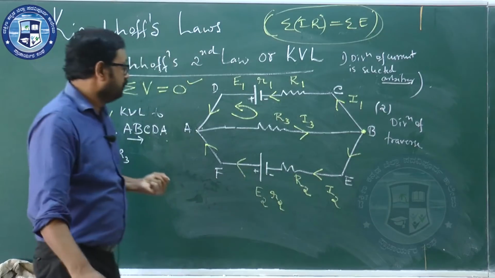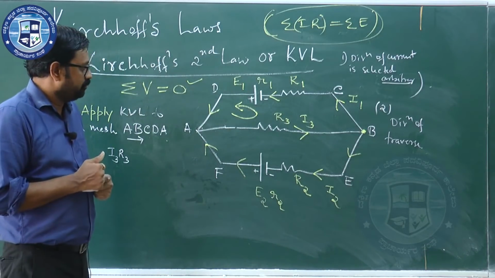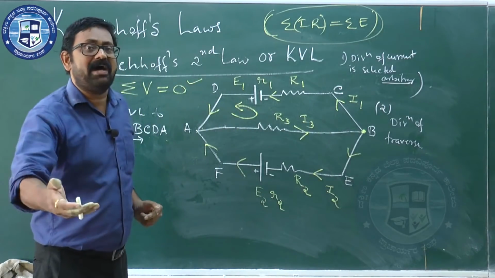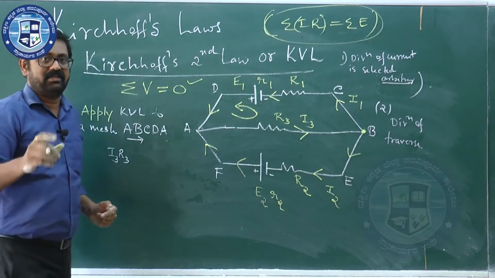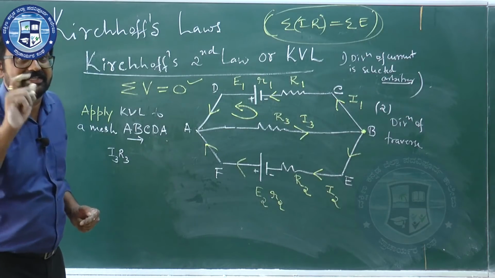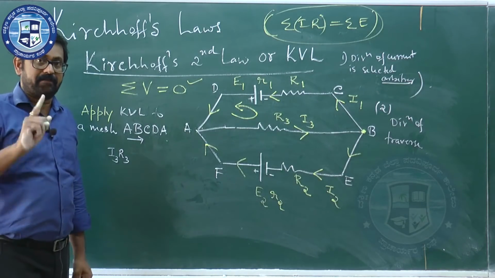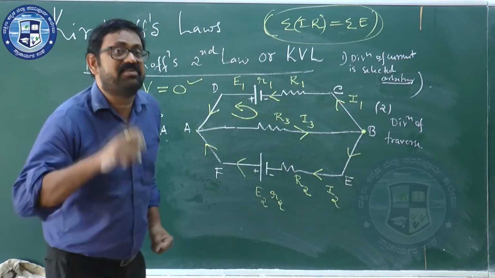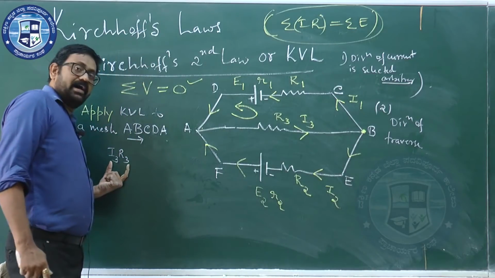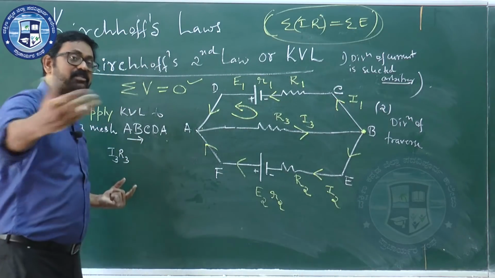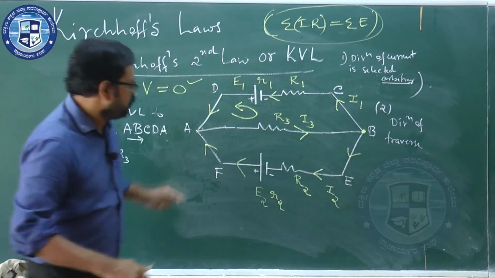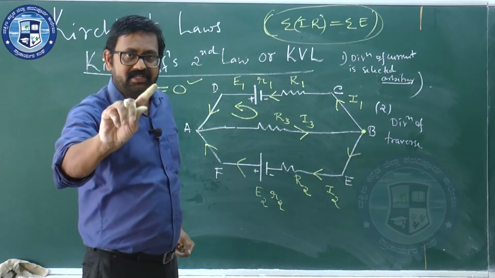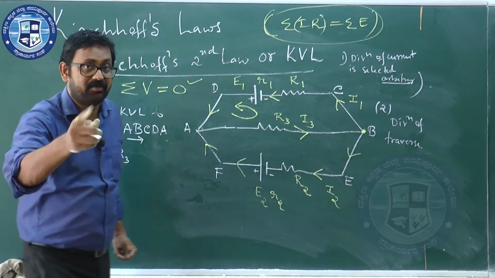The sign convention is, if the direction of the current in the branch is the same as the direction of a traverse, then the product of I and R should be taken as negative. Otherwise positive. What do you mean by otherwise positive? If the direction of the current in the branch is opposite to the direction of a traverse, then the product of I and R should be taken as positive.